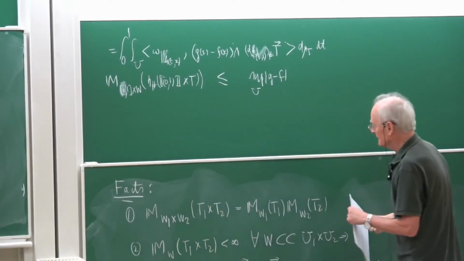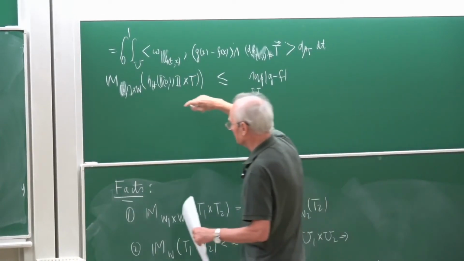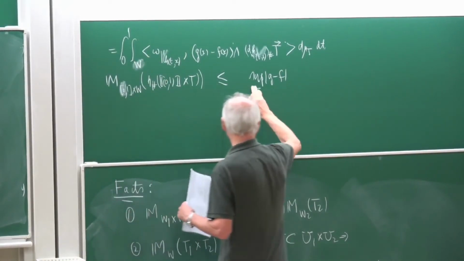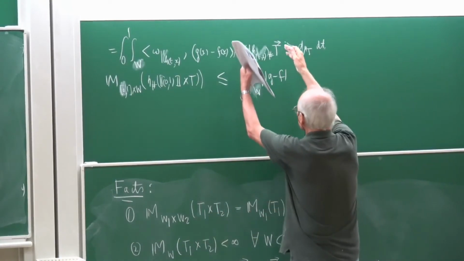Remember, these are living in U, but in fact we're working in W, aren't we? So this is the integral over W. So sup over W of G minus F. And then we get this bit.